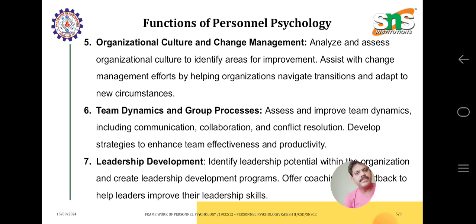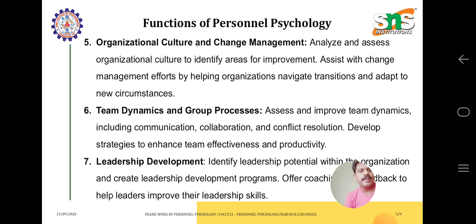The sixth point is team dynamics and group processes. The psychologist will assess and improve team dynamics, including communication, collaboration, and conflict resolution among working employees. They also develop strategies to enhance team effectiveness and productivity in the workplace.